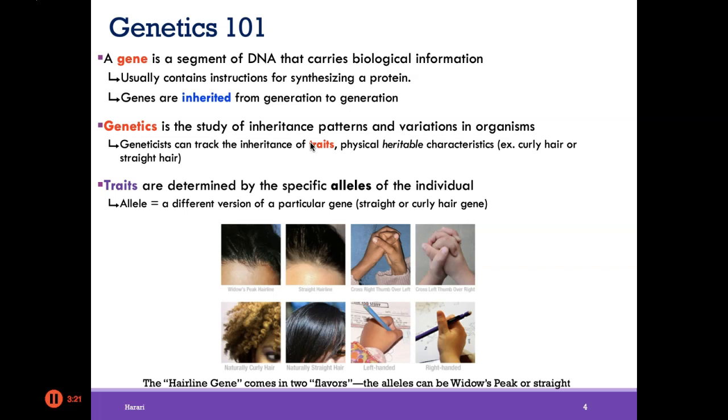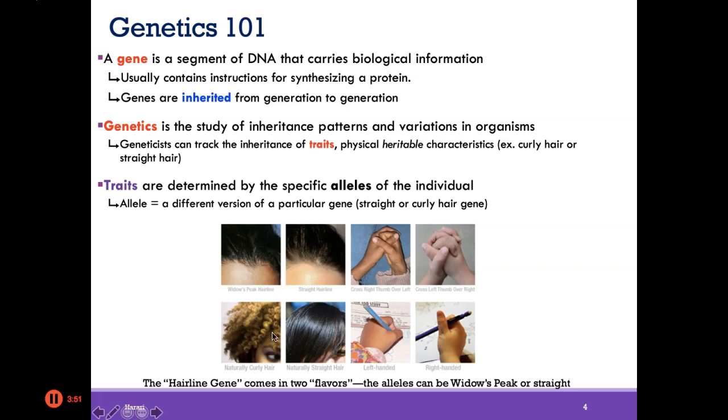But remember, you got one hair gene from mom and one hair gene from dad. So maybe both are the straight hair allele, maybe both are the curly hair allele, or maybe dad gave you the straight allele and mom gave you the curly allele. We don't know, right? But regardless, everyone has two alleles. We have two alleles in diploid cells. Diploid cells have two copies of every gene, meaning two alleles of every gene.